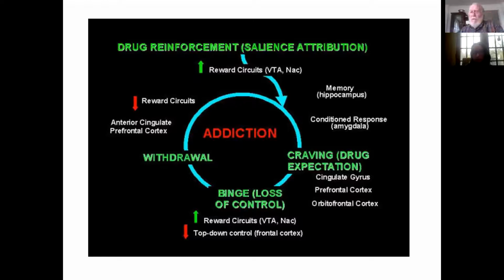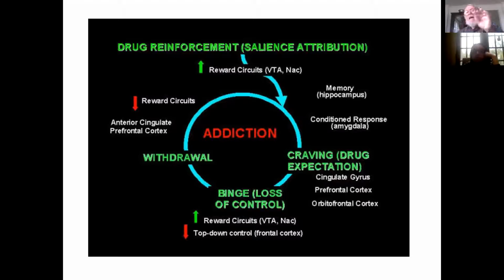So for opiates, or for cocaine, or for amphetamine, you may get a 200 to 300%, 2 to 3 fold increase of extracellular dopamine in the nucleus accumbens after that microinjection. Then when you move down to something like nicotine or caffeine, there might be an increase of 50 to 100%.